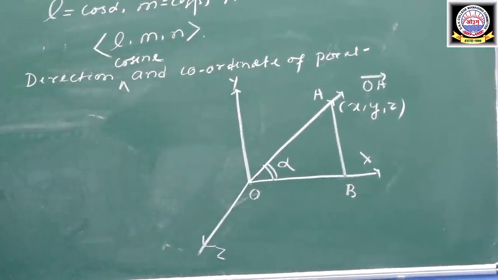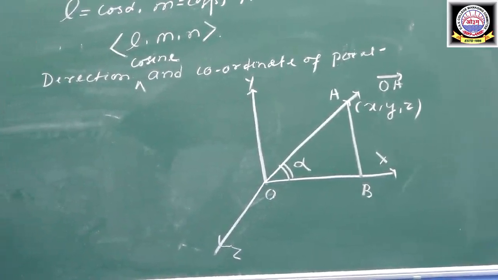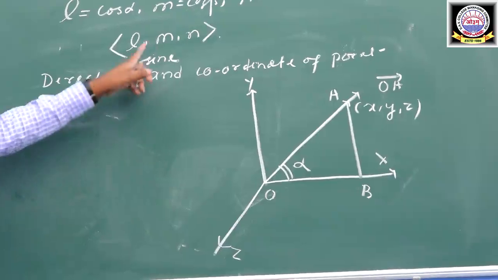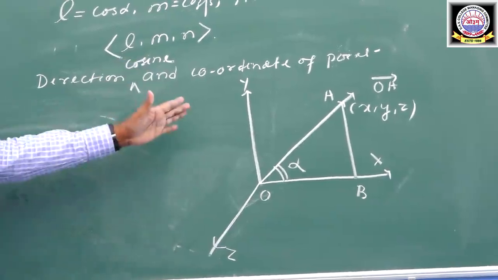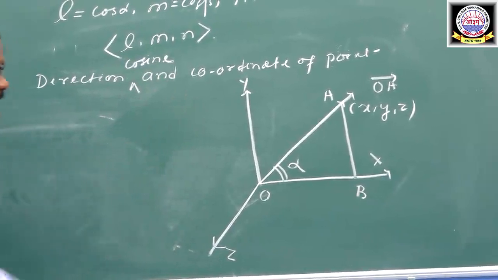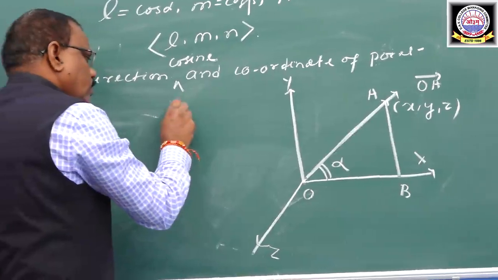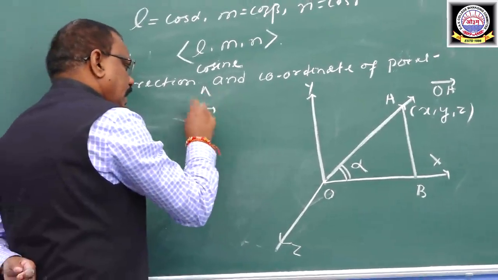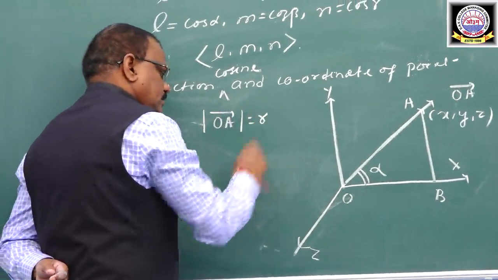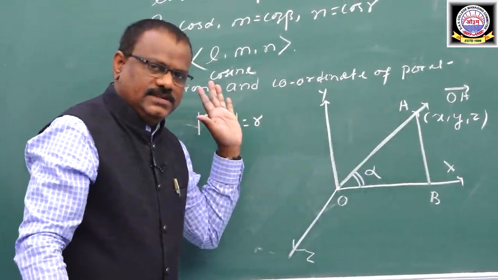You remember what we are going to do? We are going to establish a relation between the direction cosine, that is L, M, N, and the coordinate of a point in space. Okay? Let us take OA as a vector. So the OA vector has magnitude r, or we can say the OA distance is r. Correct?